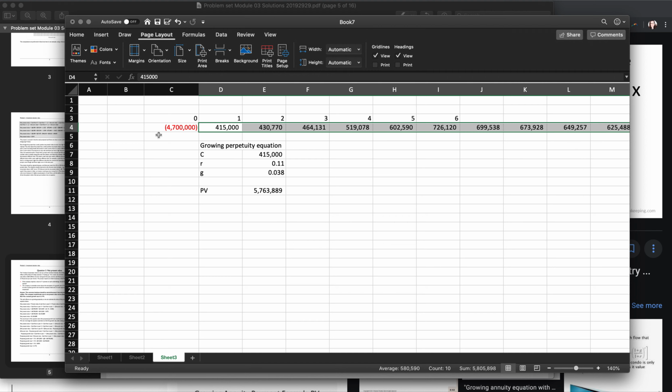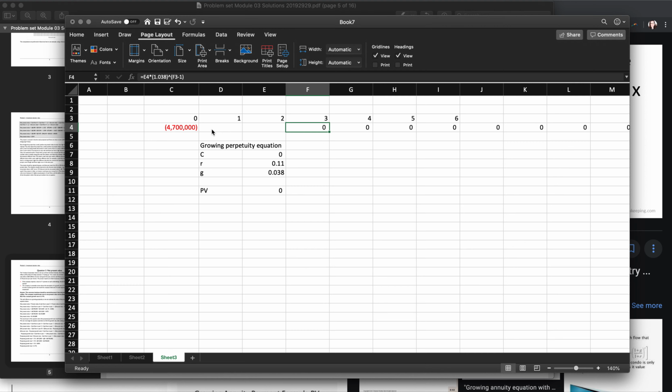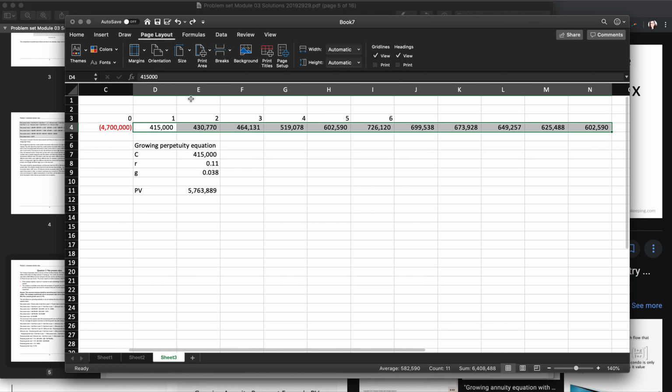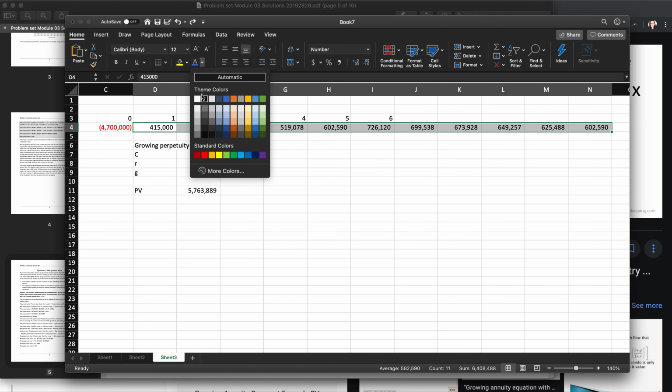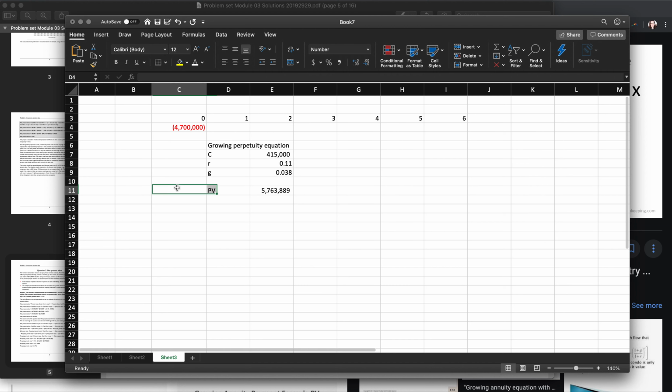And to get the NPV of this project, we can pretend that these don't exist. I'm going to make them white just so we don't pay attention to them. And all we have to do to get the net present value of the cemetery is to add up these things, not the 0, but the 4.7 million.